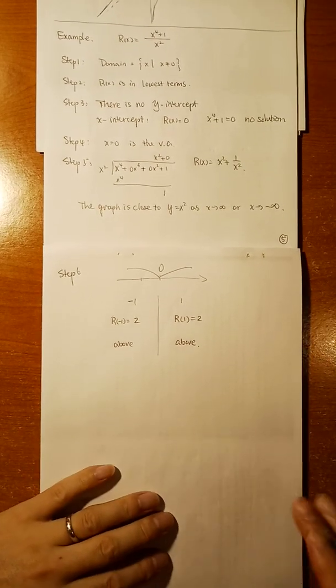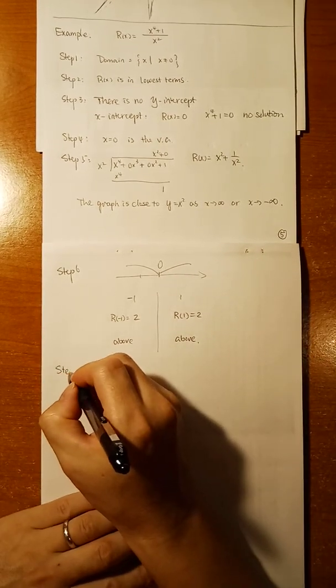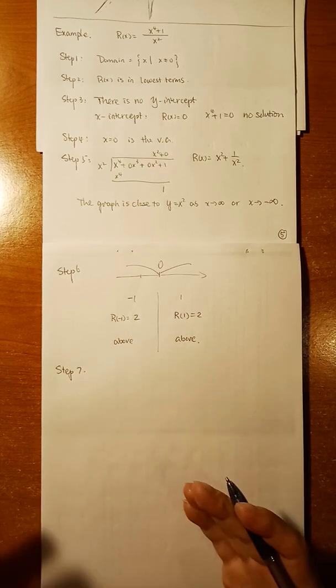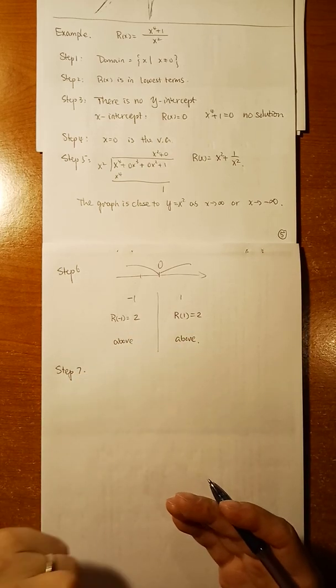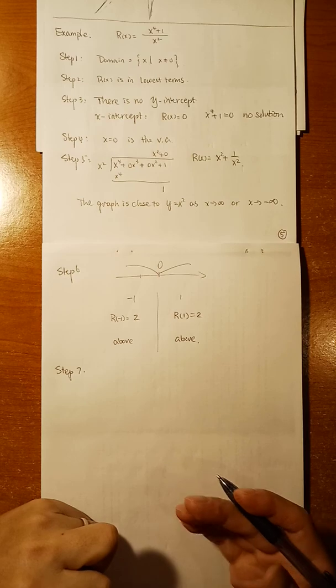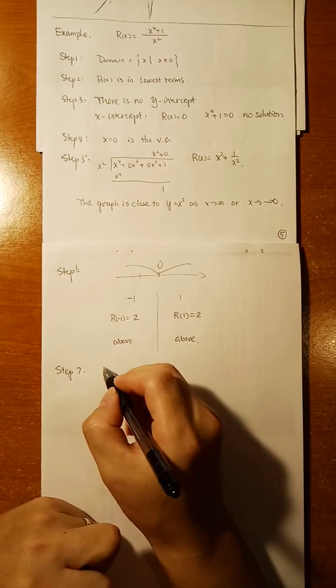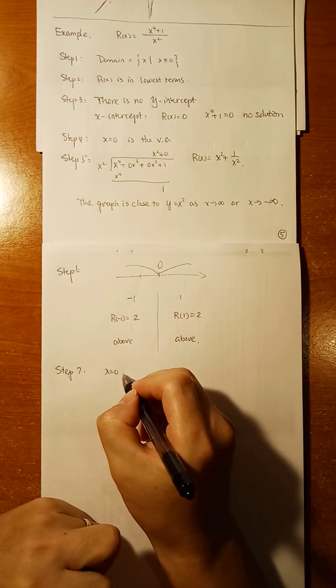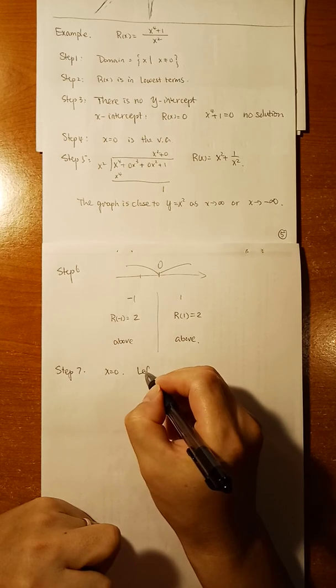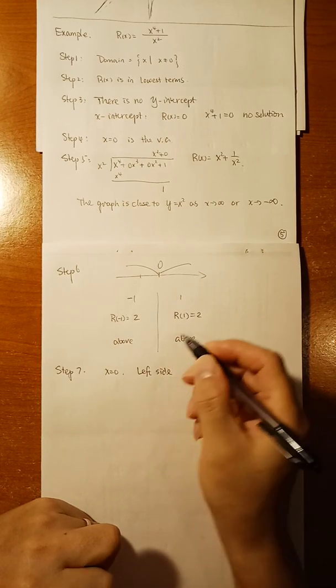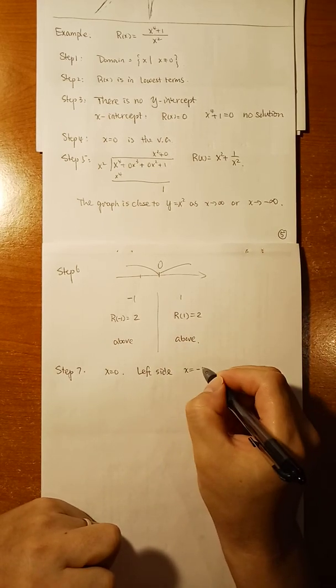Okay? And step 7, the behavior close to the asymptote. The vertical asymptote is x equal to 0. On the left side, let's pick x equal to -0.1.